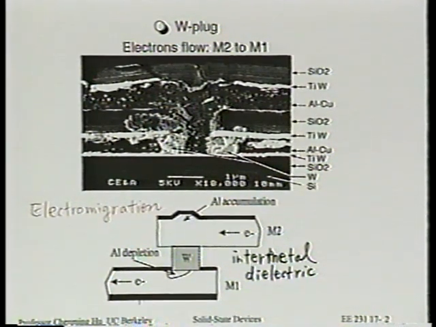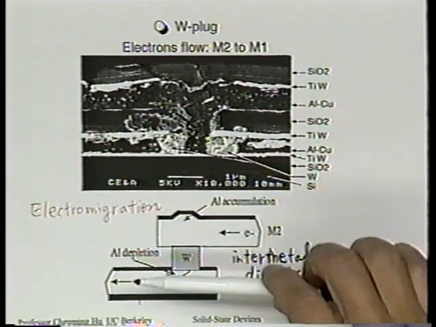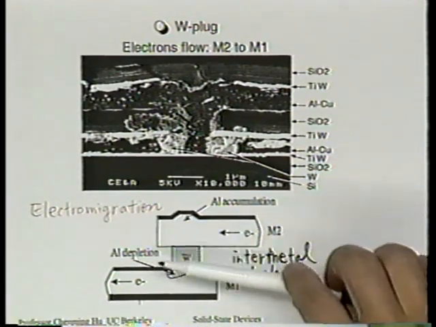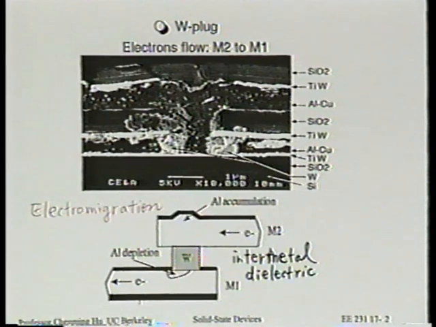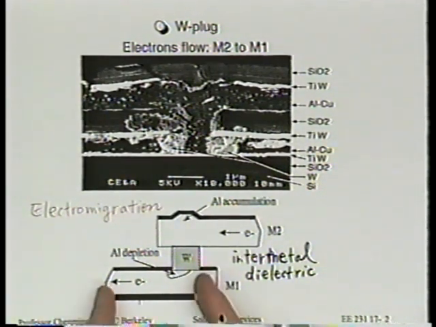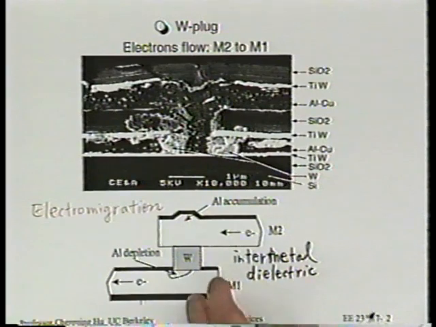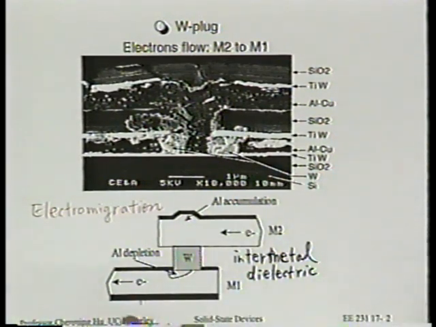But let me also tell you, I will not go into detail, there are also subtle reasons to argue that we do want to stop or break up the metal periodically by adding a barrier for electromigration. Because there's some reason to think that if the aluminum line is short enough, meaning it has on one end is blocked by, say, tungsten, so there's no supply of aluminum.